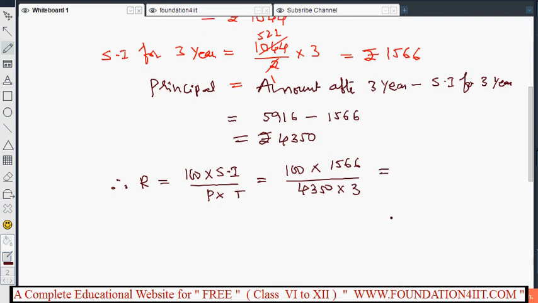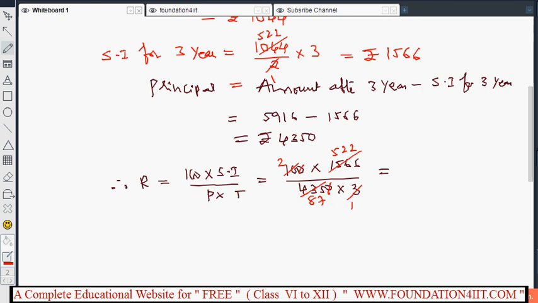Now by cancellation of all this, we get the rate percent. If you try the cancellation, 5 2s are 10, 5 is 47. 3 also cancels, 3 5s are 15, 2 2s.